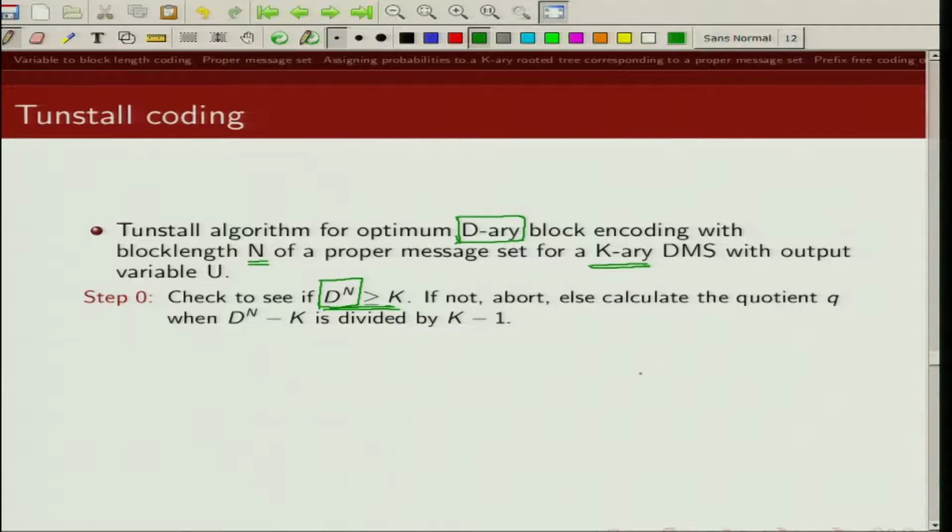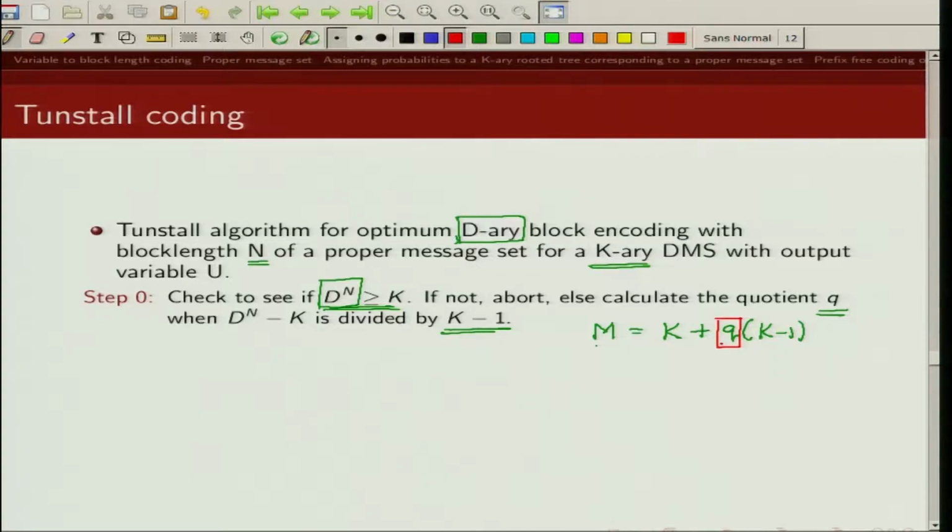Now if this condition is satisfied, the first thing that we are going to do is find out how many times we are going to extend the most likely node. Recall that we have said the number of messages is given by K plus q times K minus 1, right? And the number of messages that we can encode is D raised to power n. So D raised to power n minus K, if we divide by K minus 1, that would give us this q.